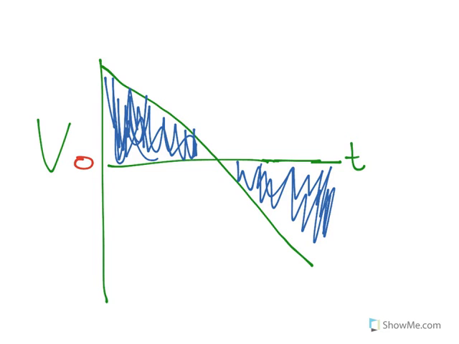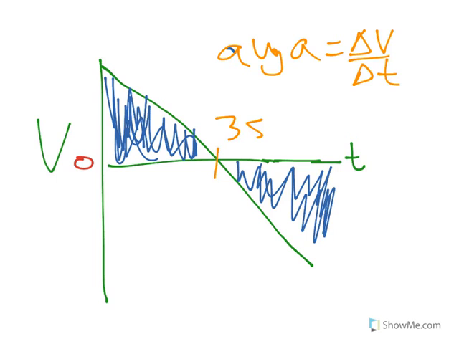And the last thing we need to talk about is if you're looking for the average acceleration, that's equal to the change in velocity over the change in time. So let's just say that this is 3 seconds and this is 0 seconds, okay, and this is 6 seconds.